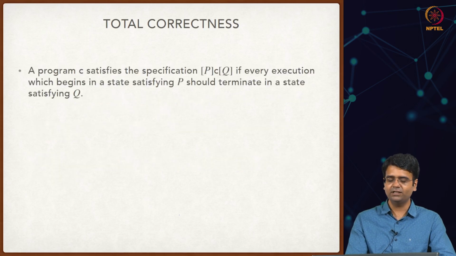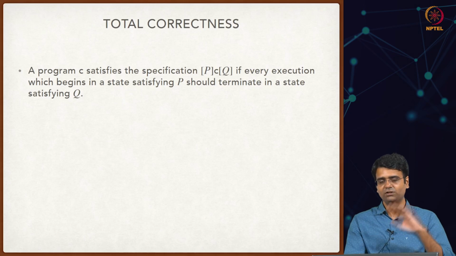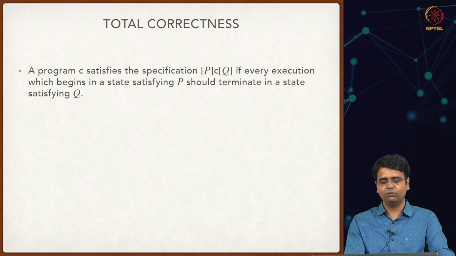So let us again try to formally write down what this particular definition is saying. Just like we used a first order logic formula, well not exactly first order logic, but for the sake of exposition, we use an FOL formula to define the partial correctness problem. Similarly, let's also define the total correctness problem.